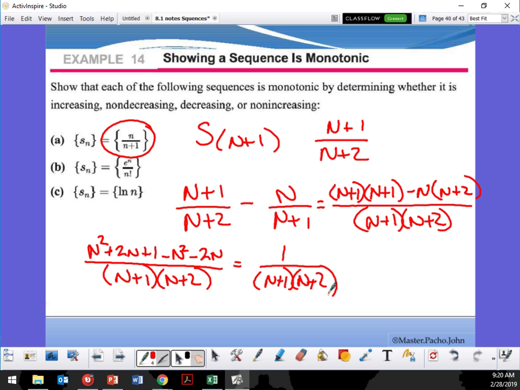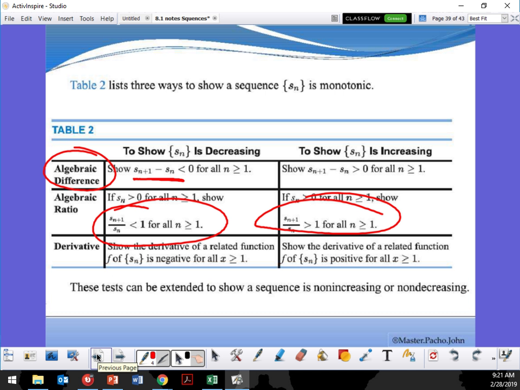So as I'm plugging this in, clearly I could say, oh, hey, that's going to be positive. So this is going to be greater than 0. Okay, so now using that information, that is greater than 0. So that means what?